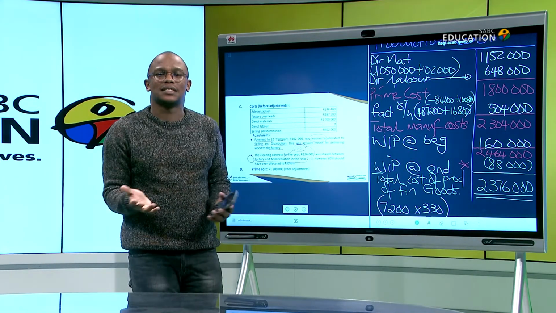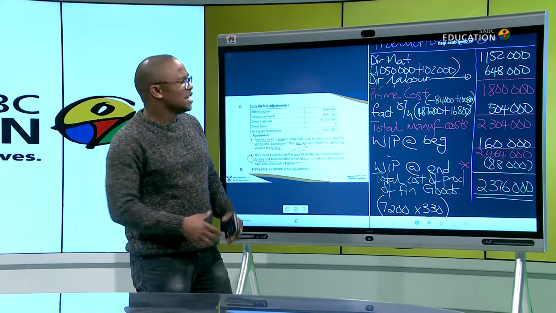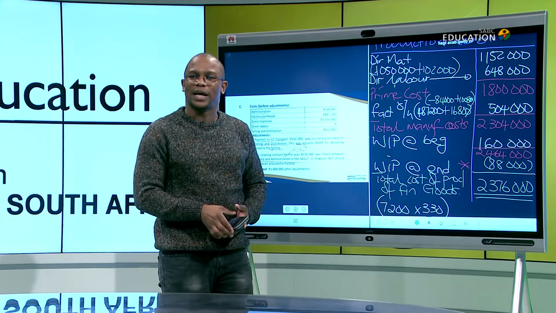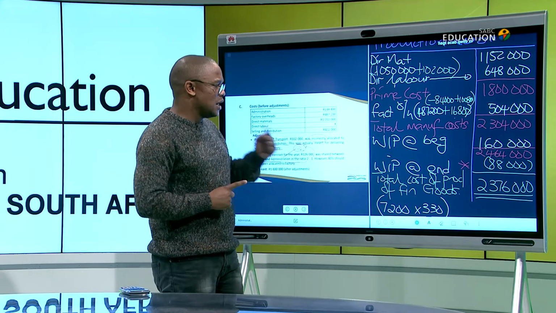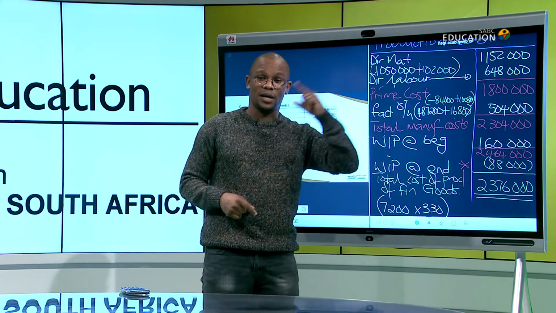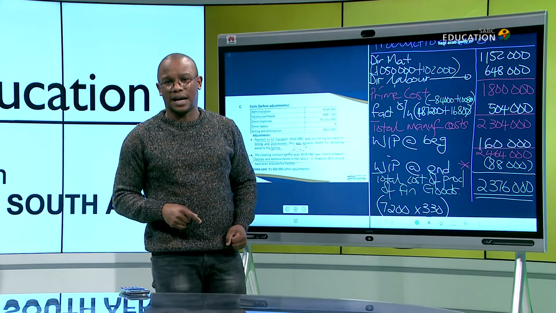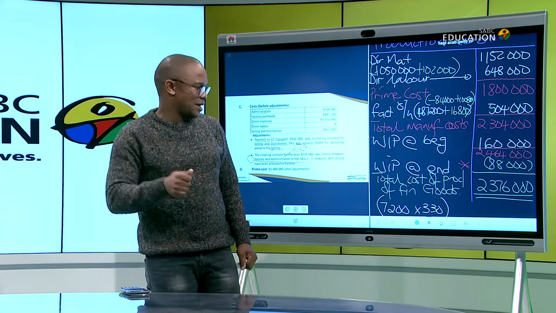You must subtract. You must indicate by showing your brackets. Then you are done with your production cost statement. But remember what I said when we started. Once you have this total cost of production, it goes where? To finished goods ledger account in case you are doing your abridged income statement.